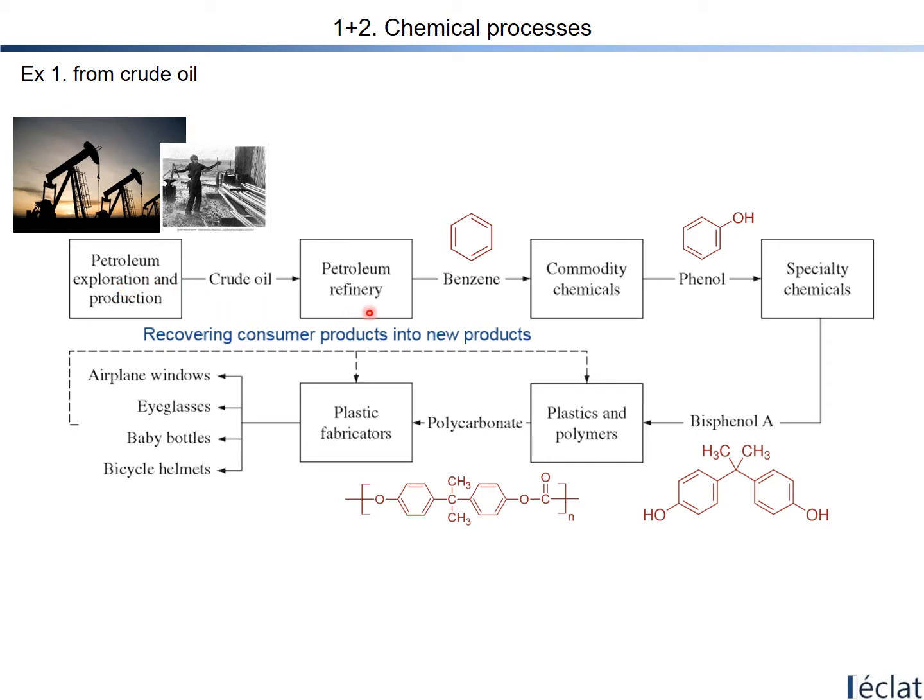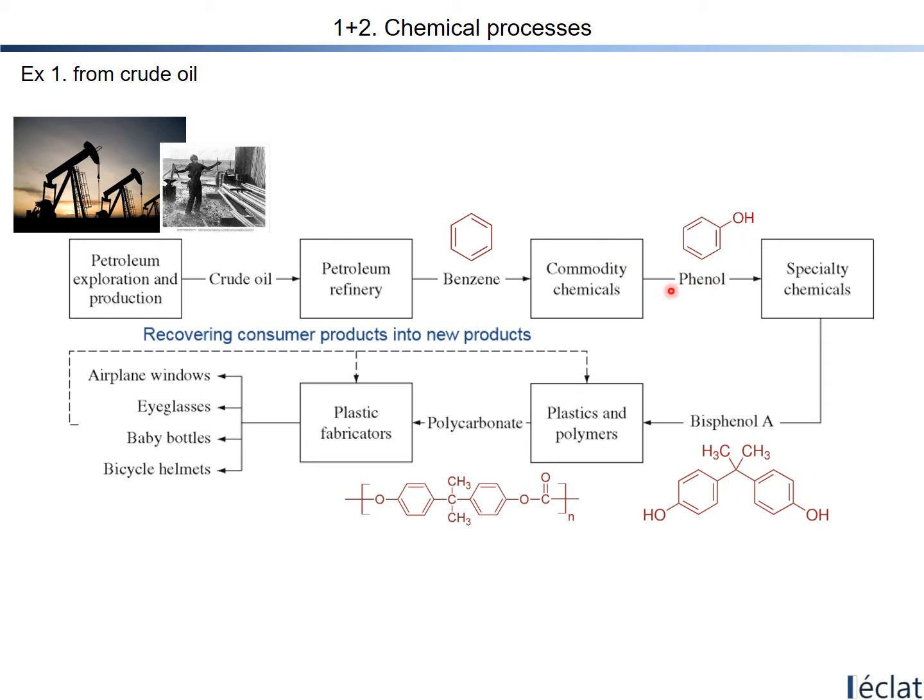And then via petroleum refinery, we could separate some chemicals from the others. So in this case, I have got benzene. And then by using benzene, we could produce phenol. So this is another chemical process, the commodity chemicals production process.